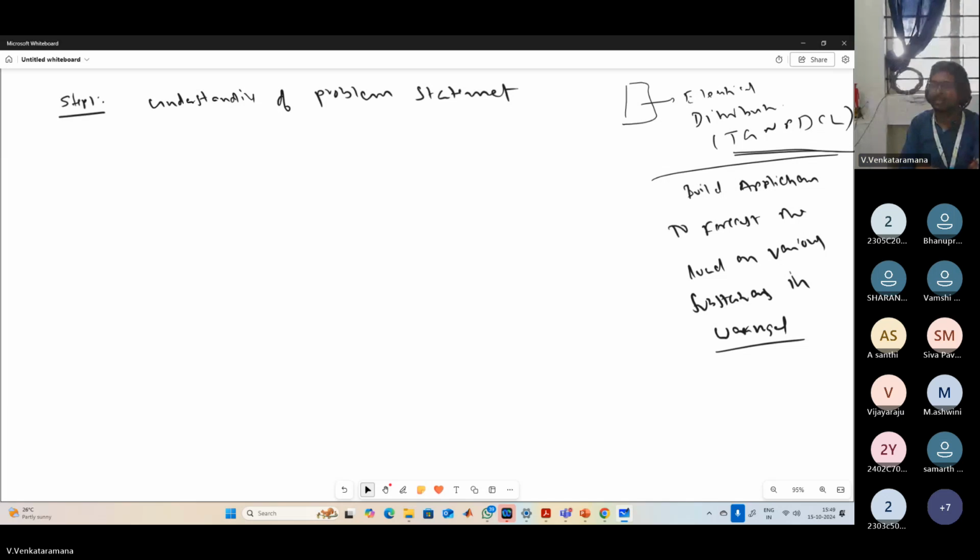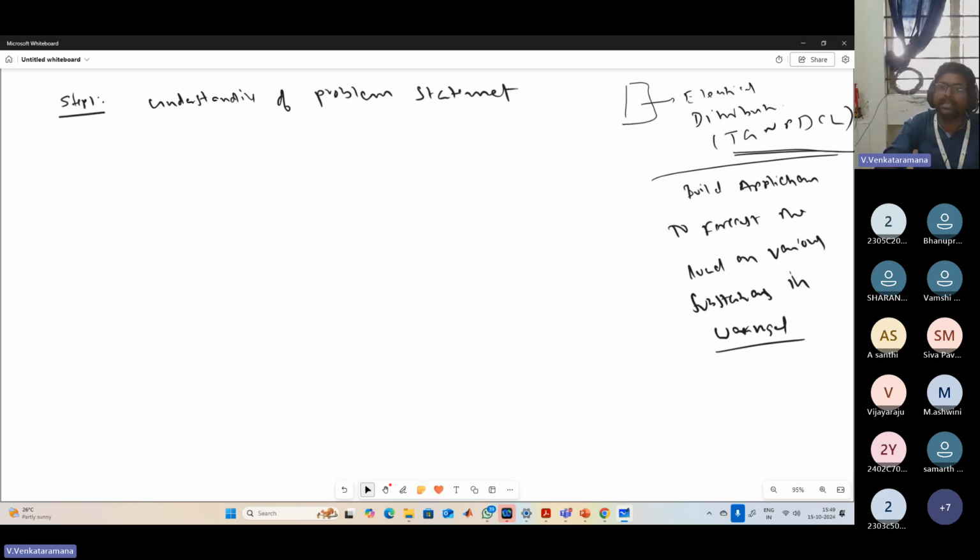From this problem statement, I think you all are clear about my output variable, the variable which I am trying to predict. What is our output variable? My target variable, the variable which I am trying to predict or forecast, is the load on a particular substation at a particular time.